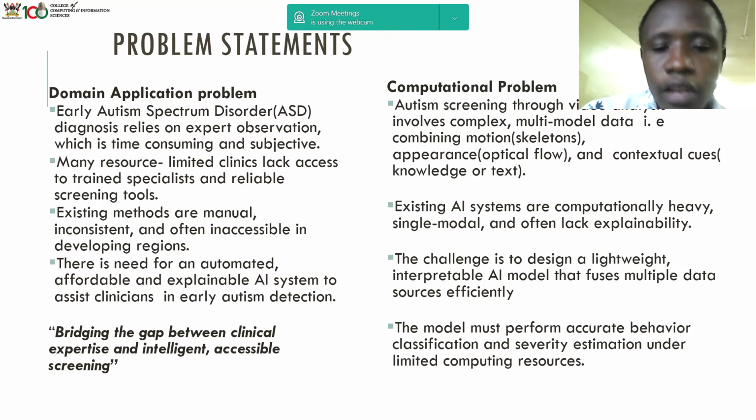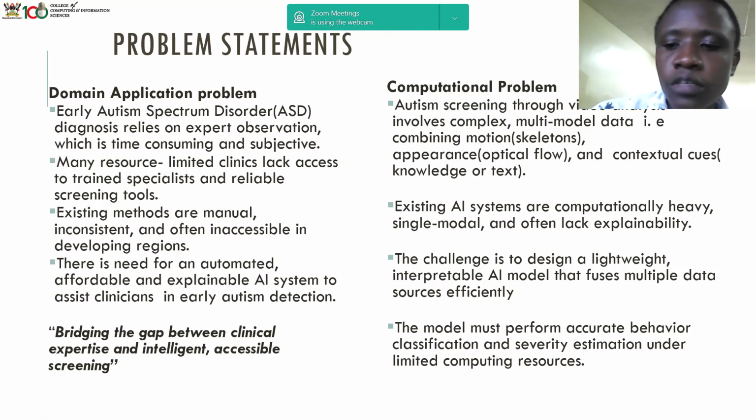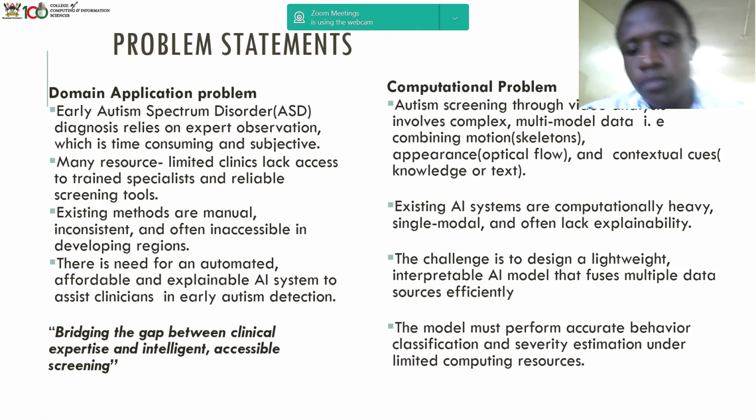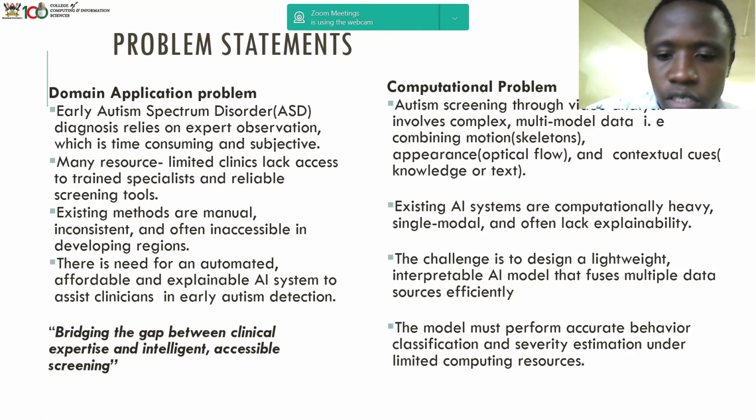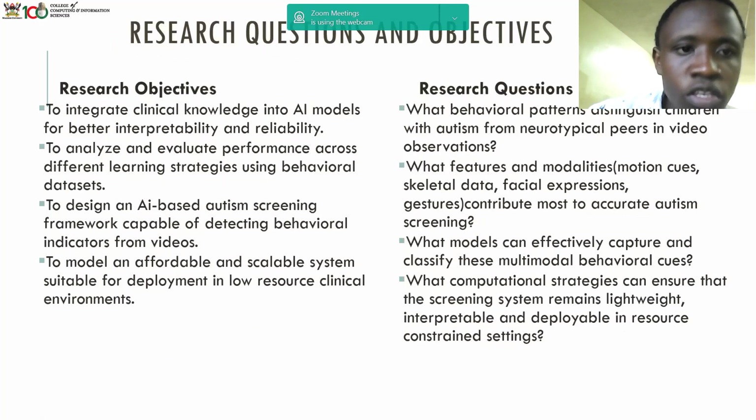So the computational problem we are addressing here is to design a lightweight, interpretable AI model that uses multiple data sources. Our model must be accurate in classifying whether a behavior is autistic or not.